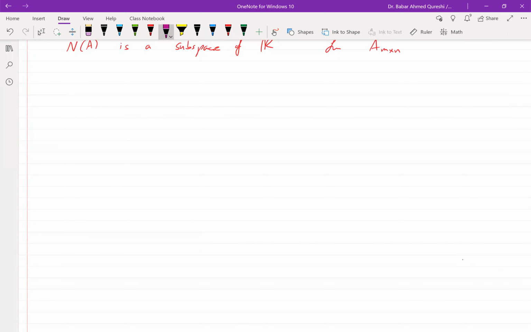Let's take a further example of this null space. So suppose you are given this matrix. If I write the homogeneous equation, I want to find all the solutions. So find the null space for this.